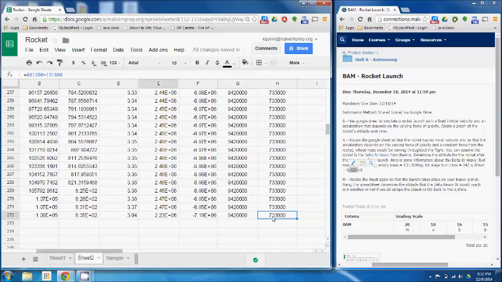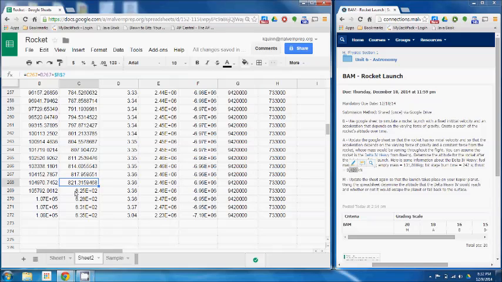That's kind of weird. Not only that, if you look at our column for C, which is telling us our velocity in meters per second, it's saying that we're going about 820 meters per second. Now, if you recall from the video that we watched earlier today, the astronauts said they were going about 7 times the speed of sound. This is only about twice the speed of sound.